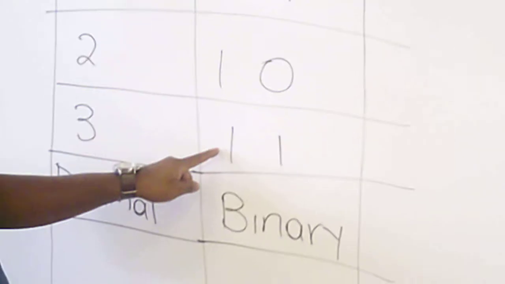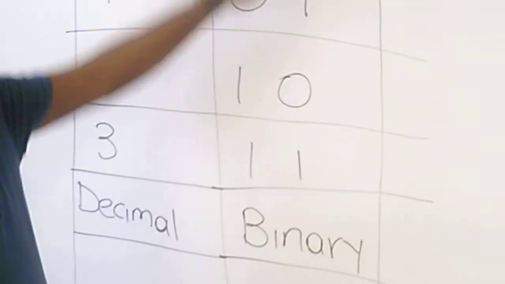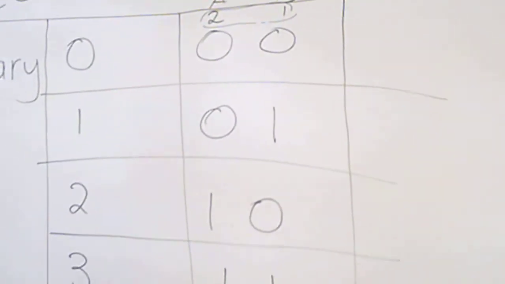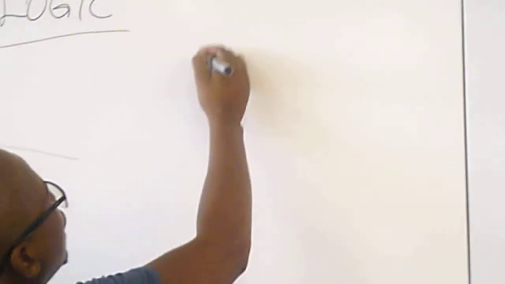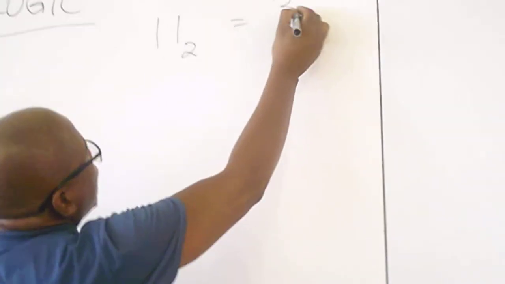So it is 1 on 2 and 1 on 1. 2 plus 1 is a 3. Let's say it's a binary 1, 1, we say is equal to 3.